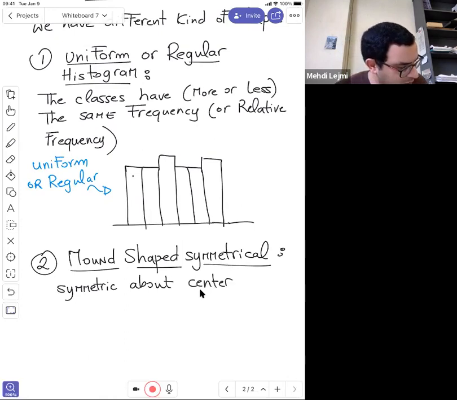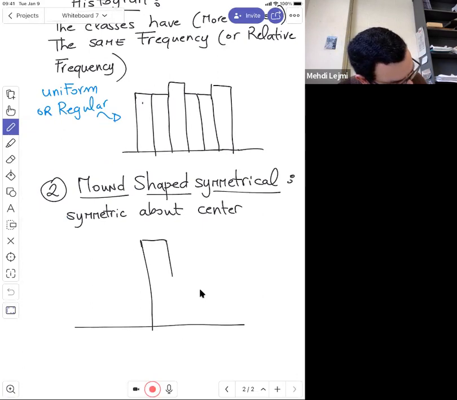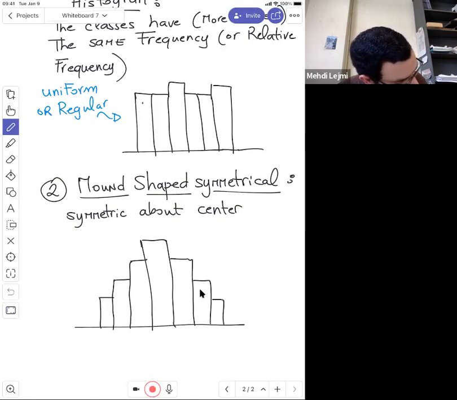So your histogram is going to look like the following. Let's say this is the center of your histogram, and then the center would be like the mirror for your histogram. So it's going to be something like this here.